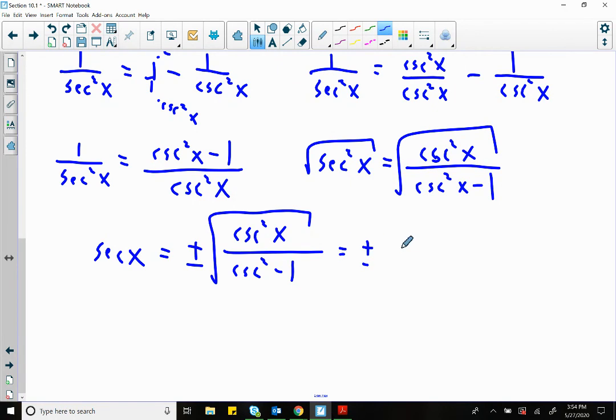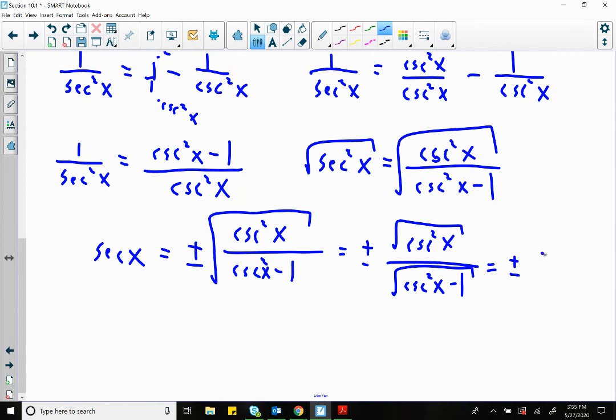So we got plus or minus. We're going to separate into cosecant squared x on top, square root of that, of course. And on the bottom, we had the square root of cosecant squared x minus 1. I should have had an x over here. So what does a square root do to a square? Well, it cancels it.